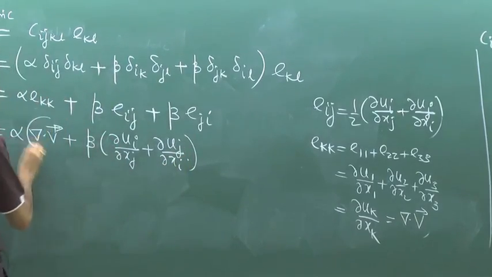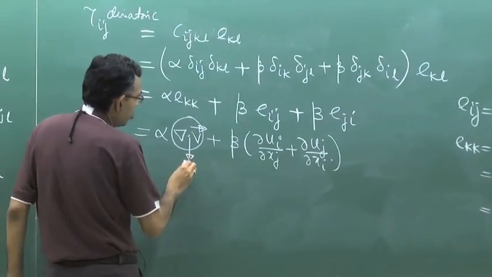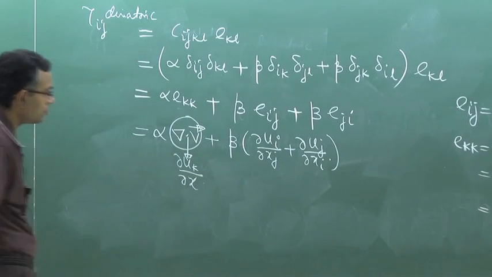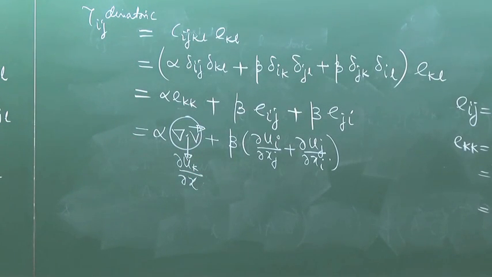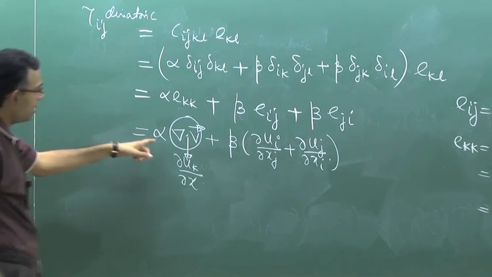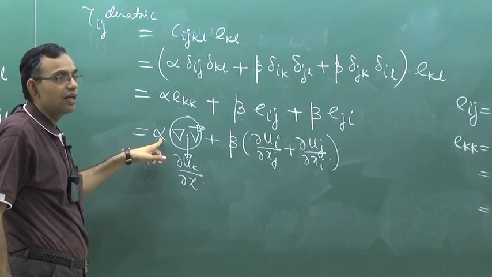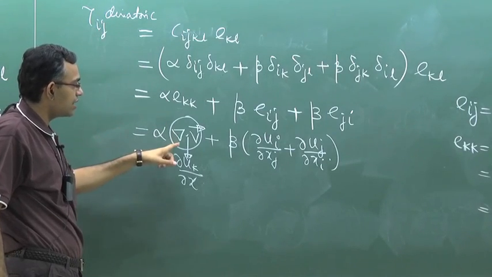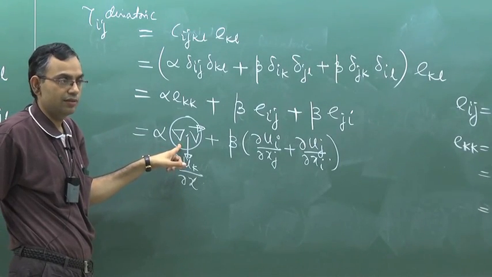So, just to write the same notation, we will write here del uk del xk. Now, physically what is this? Physically this relates to the relationship between the deviatoric stress and the rate of volumetric deformation.